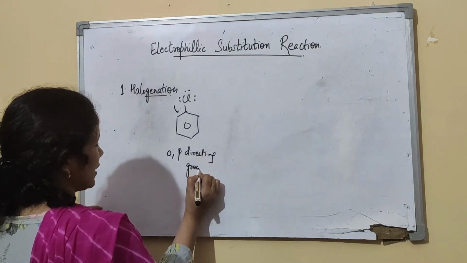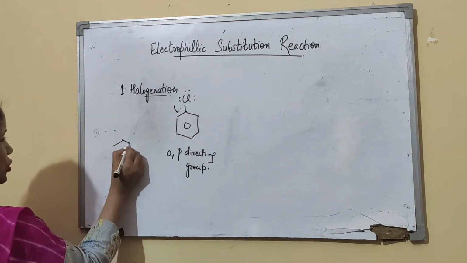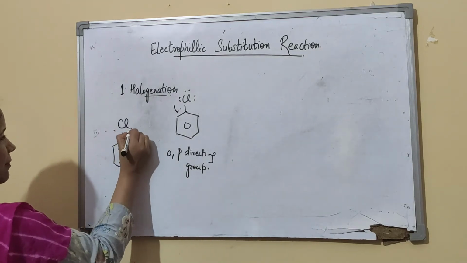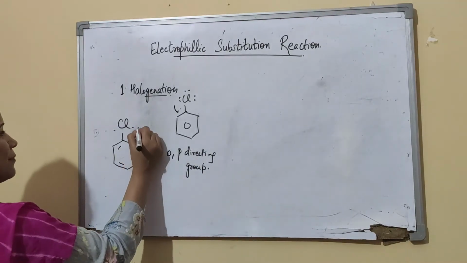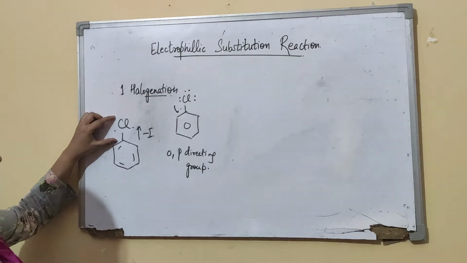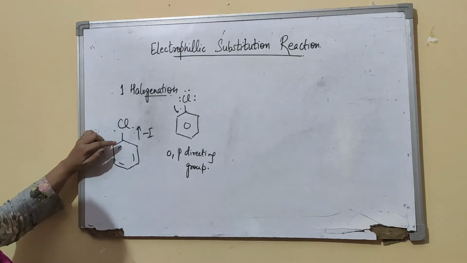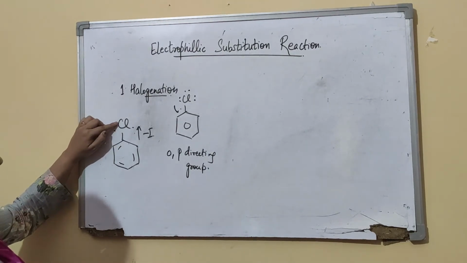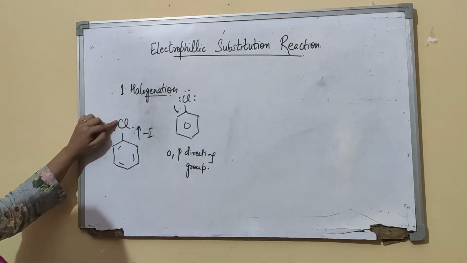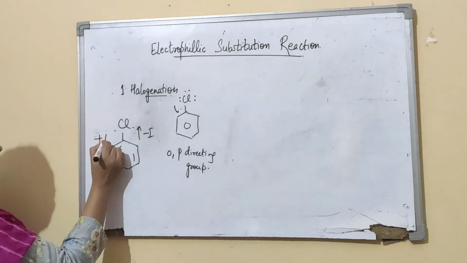Now one thing which is very important in this, you should know this, that there are 2 effects which are simultaneously taking place in this. One is minus I effect, that is the lone pair, due to the electronegativity of chlorine, is attracted towards the chlorine atom. So the electron is being pulled, and the ring is also showing plus R effect.